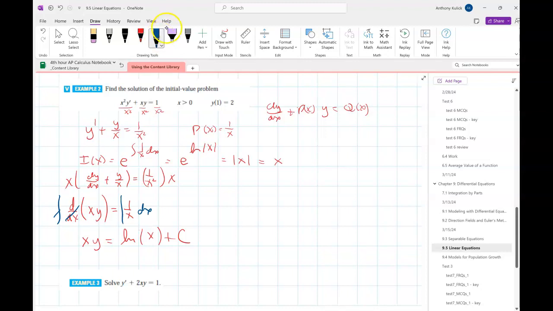And here I'm going to take that x is 1 and y is 2. So I'm going to solve for c right here. So I get c is 2. Everybody good there? So I can say then y equals the natural log of x plus 2, all over x.